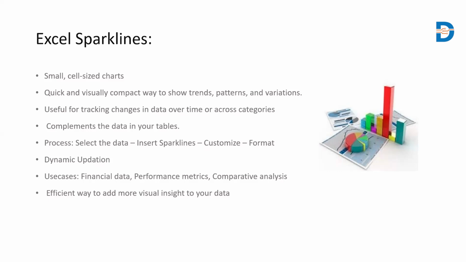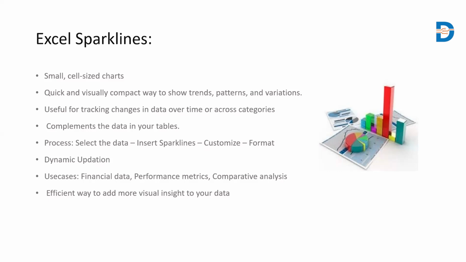So you want to see a quick variation of how your profits and losses are changing. You can also use this to evaluate performance metrics, and it is also used for comparative analysis between two columns. This is an efficient way to add more visual insights to your data.